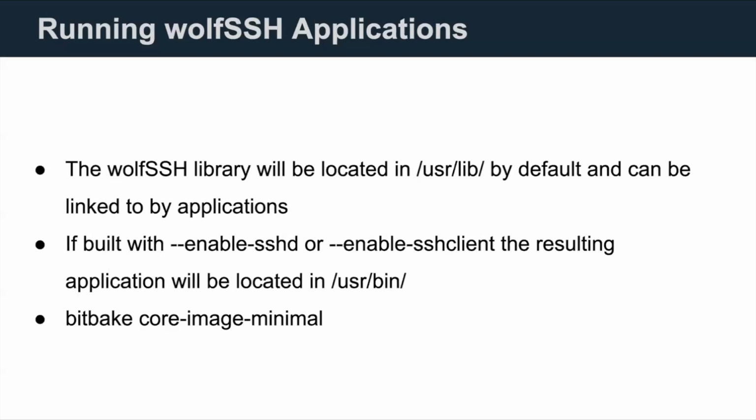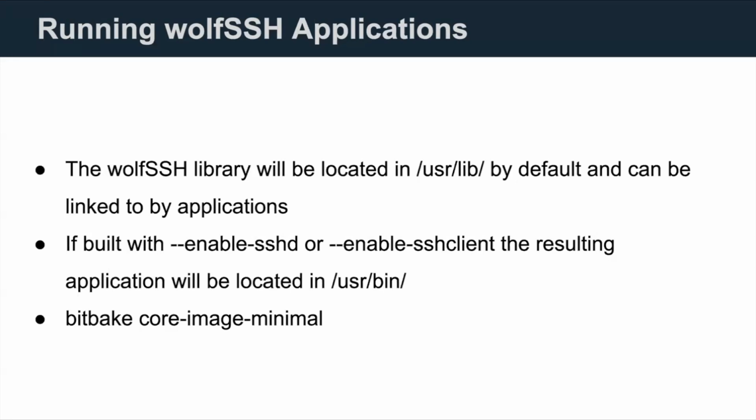And if built with enable-sshd or enable-ssh-client, the resulting applications will be located in /usr/bin. And this is all assuming that the --prefix option is the default. As with any autotools builds, you can add --prefix if you'd like to have it installed in a different location.